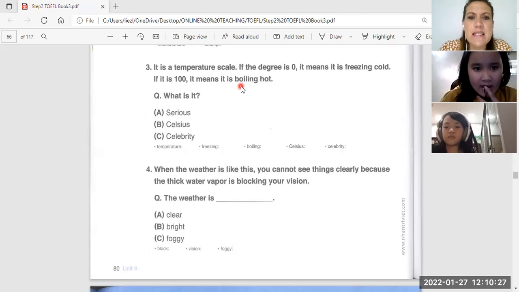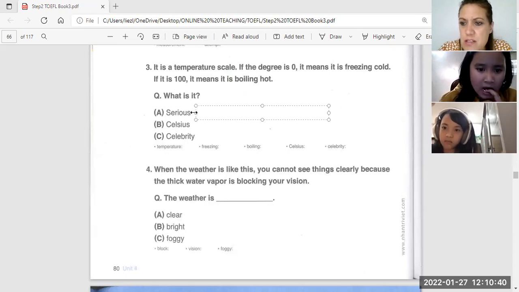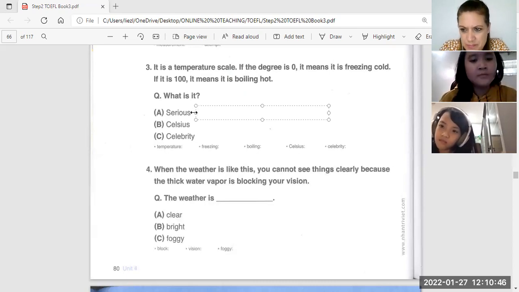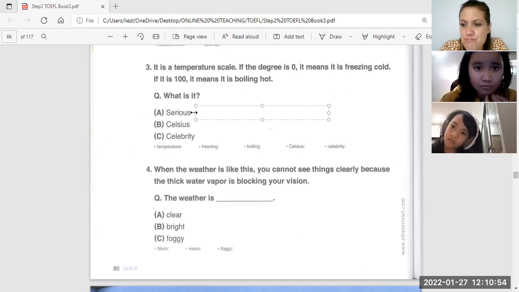Number 8. Serious means you don't laugh about it. Okay, serious is difficult to explain.